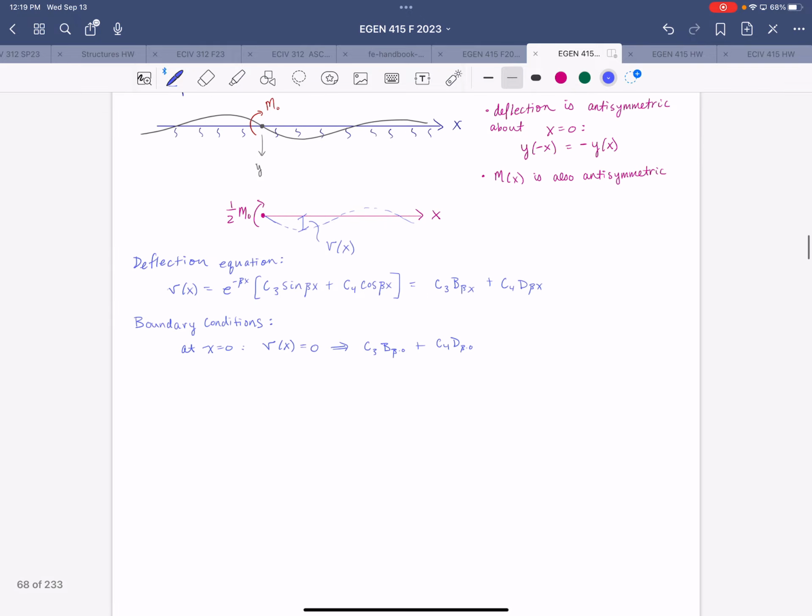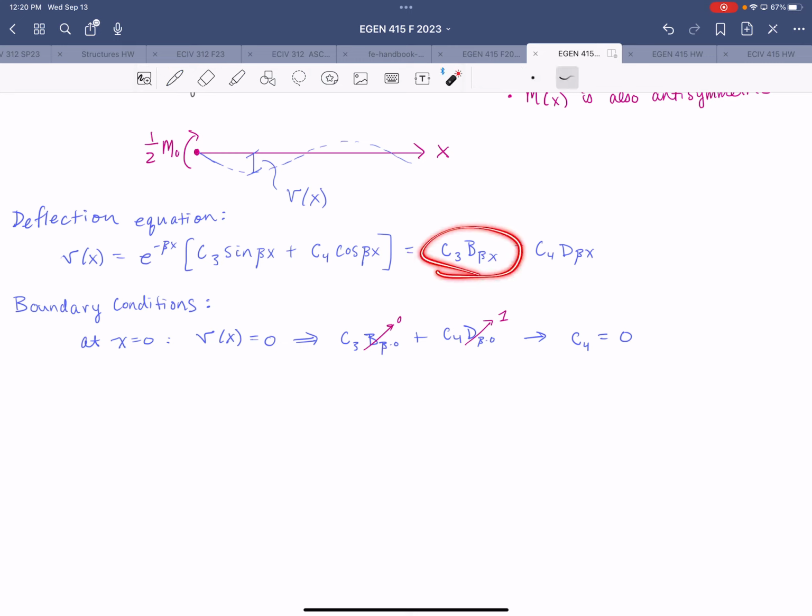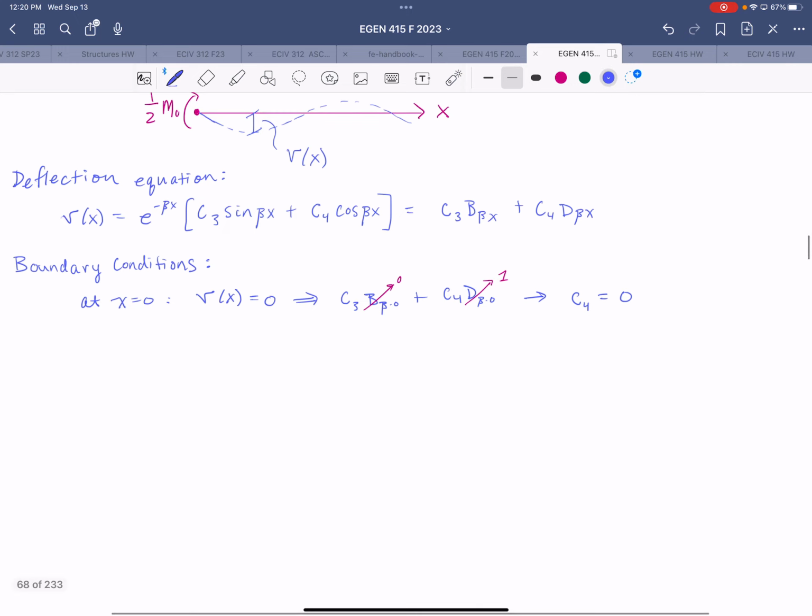So with that information, we just come back and say that's 0, that's 1. And so this tells us that the constant C4 must be equal to 0, which means that our expression for deflection is only tied to that first term of our general equation.